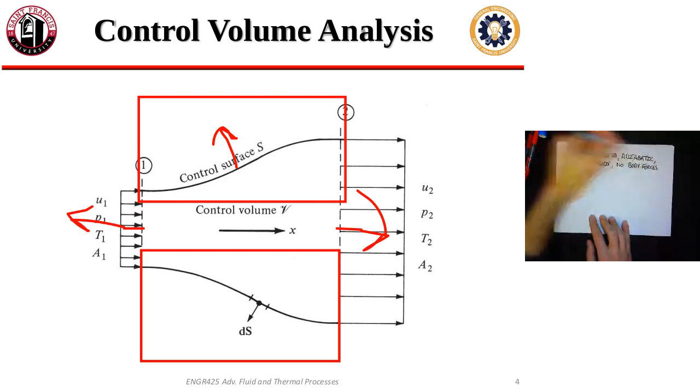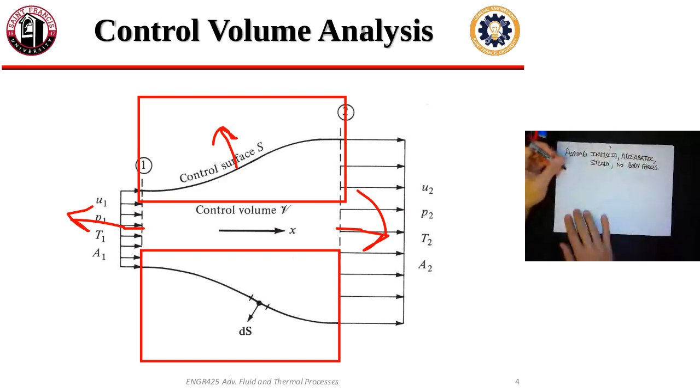And if we assume all those things, our expression for the conservation of energy starts out looking something like this.